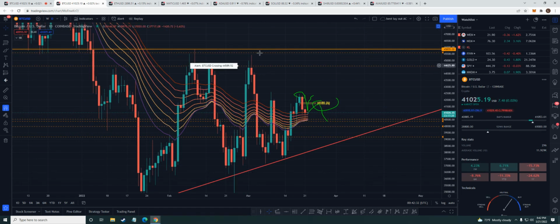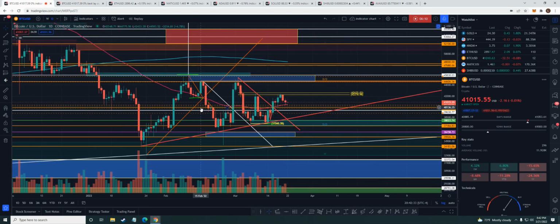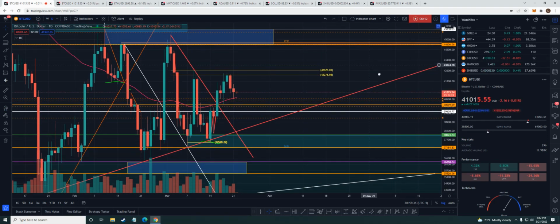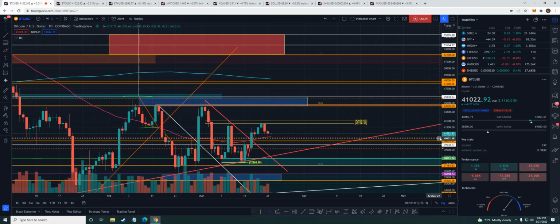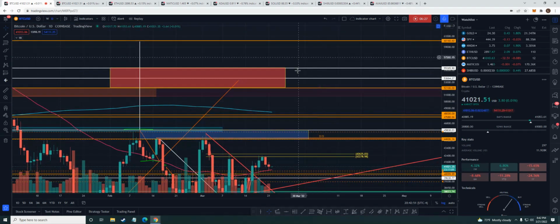And to the upside, guys, you guys know my level. We're just going to go to this chart because it's already on here. This level right here, anywhere from 44,600 up to this 48,830 area. These are my main levels. This is when I start to get really bullish, to get back up into the mid to high 50s.